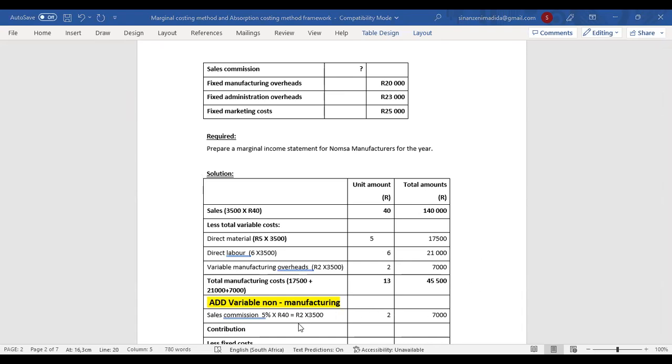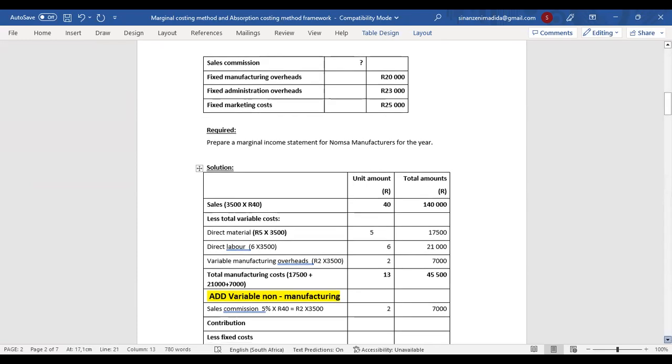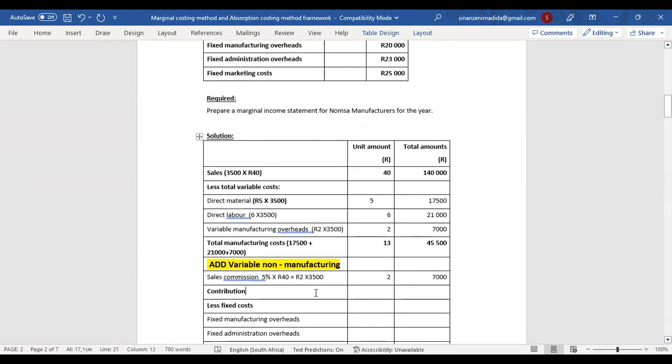Now we are in the contribution or our marginal income, our contribution line. Before we go to our contribution line, remember I said we go back to our total variable cost. All the total variable cost, we are looking at all the expenses, guys, which are variable, which we encountered for all the units that we sold.